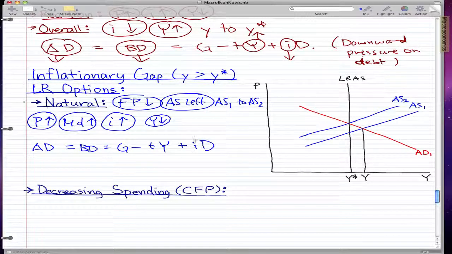So what has happened? Well, the interest has risen, the output has fallen, and that pretty much means that our total income has fallen, but we have to pay more interest on our debt. That means there's an upward pressure on debt, and when there's an upward pressure on debt, then our BD goes up, our change in debt goes up.